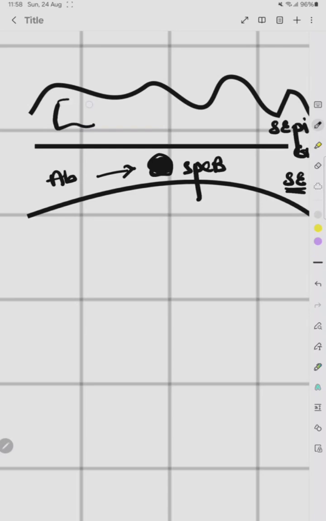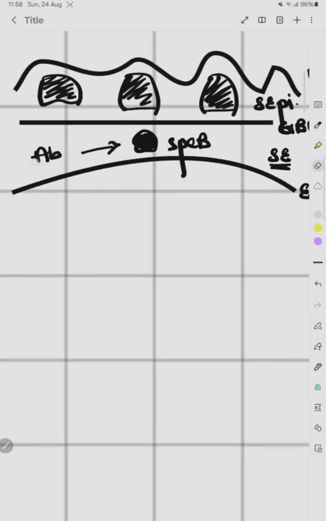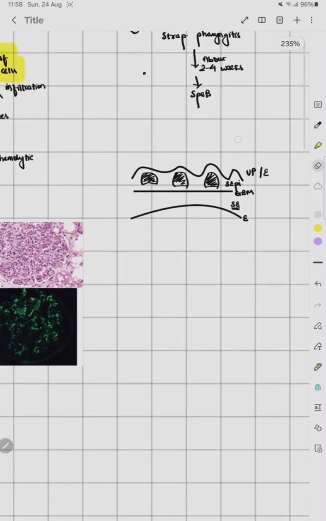Now they form subepithelial humps. Okay, this is the pathogenesis.